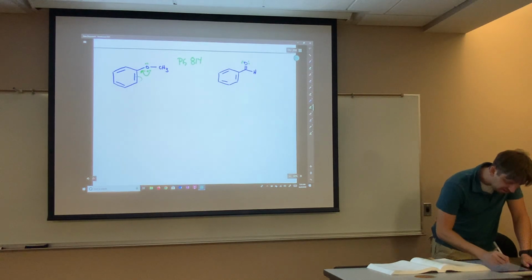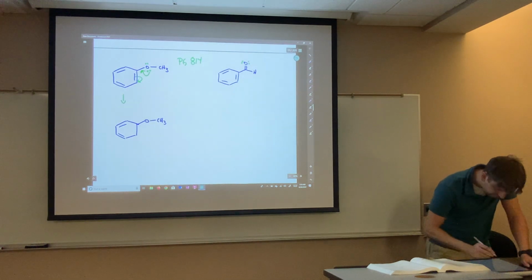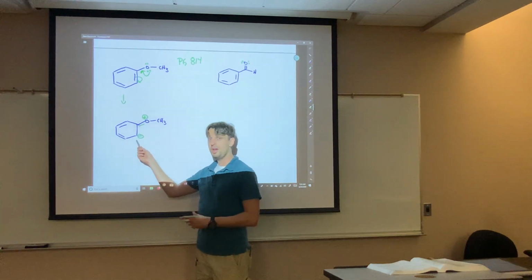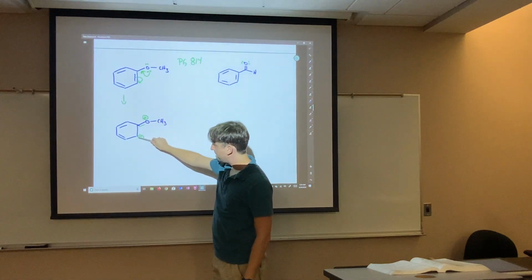Here's what I mean, okay? I can draw a resonance structure wherein I can take a lone pair from my group that's bound to the ring and push a negative directly onto the ring. Notice where this negative is. It is right next door to the group that's already on there.